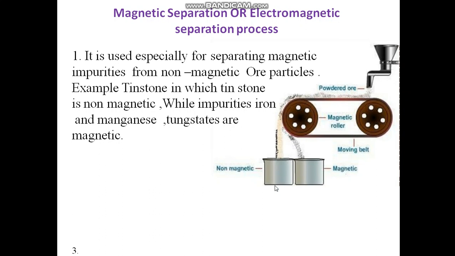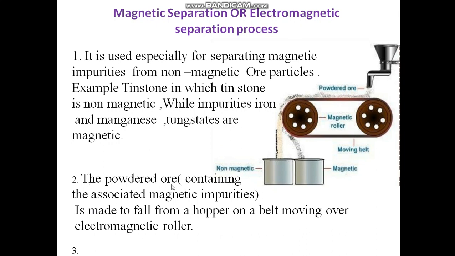The non-magnetic will be collected in a different tank, whereas the magnetic will collect near the magnetic roller. Here they do not stick to the magnetic roller because of the weak field. They get collected in a different tank and in a heap. So this was an example for tin stone, in which we are getting the magnetic and the non-magnetic parts, the magnetic ones being the impurities which are present in the tin stone ore.